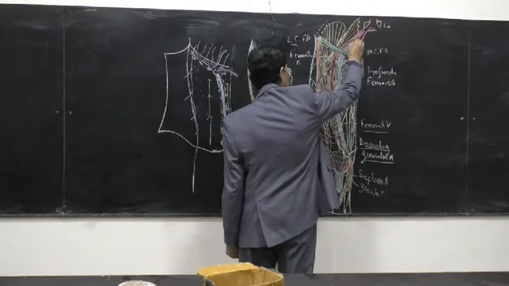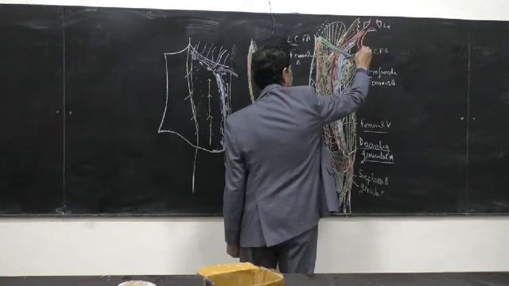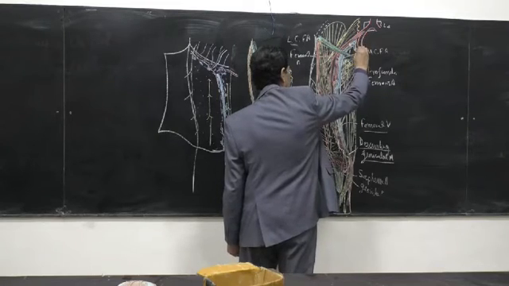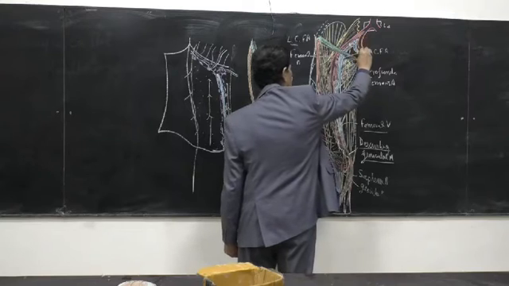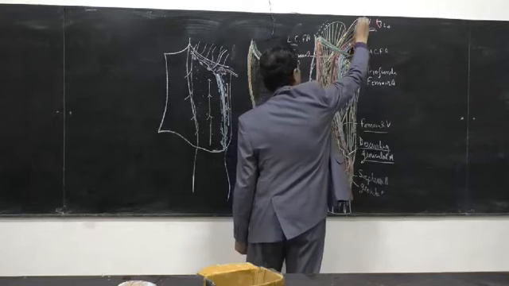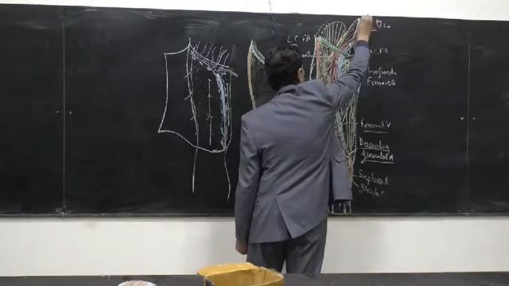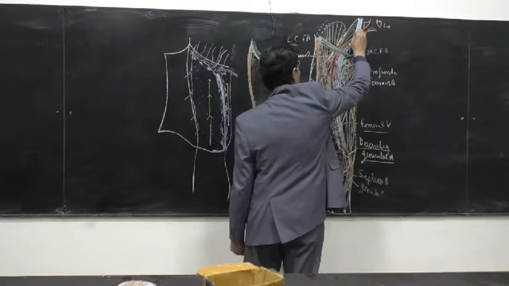Similarly, from the internal iliac artery, the internal iliac vein comes. And on the right side, by the combination of the internal iliac vein and the external iliac vein, the inferior vena cava is formed on the right side of the abdominal aorta.